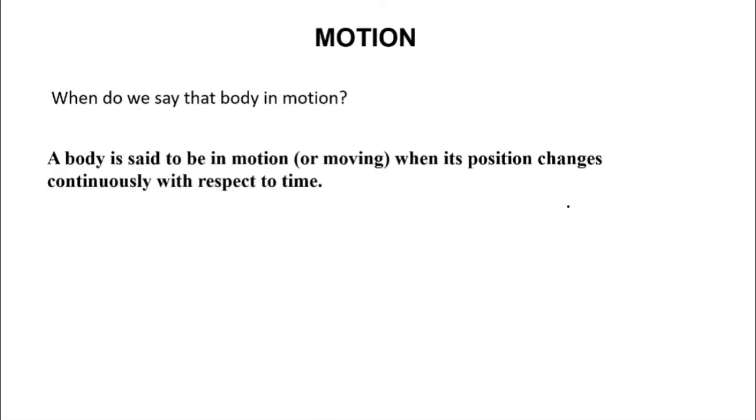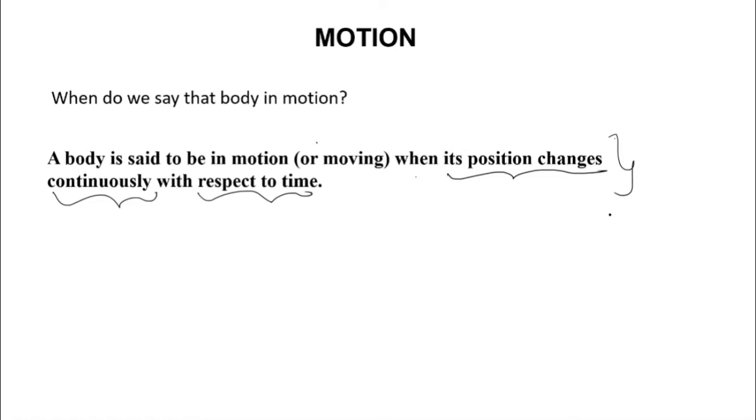The definition is, a body is said to be in motion or moving when its position changes continuously with respect to time. So when you write this as a definition, you have to write two very important terms, which are change in position with respect to time and continuously.